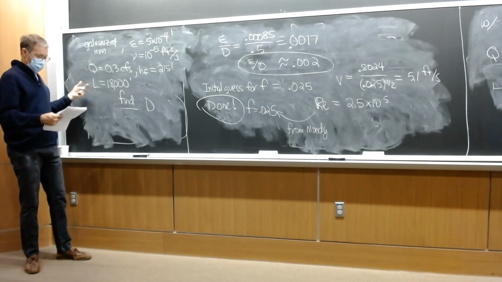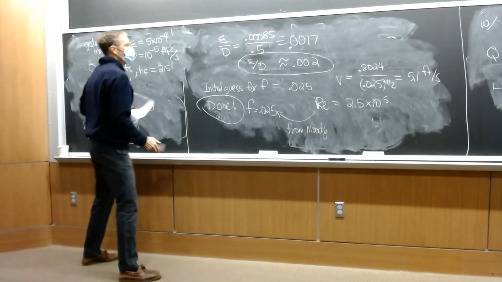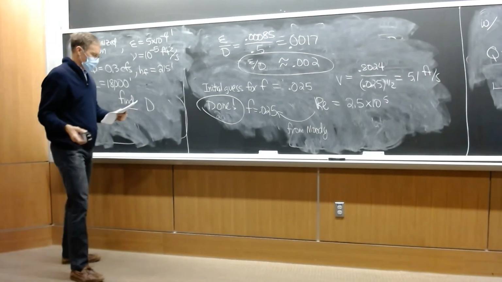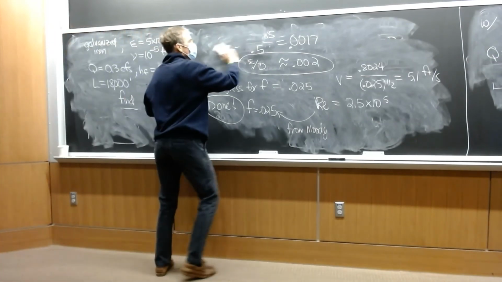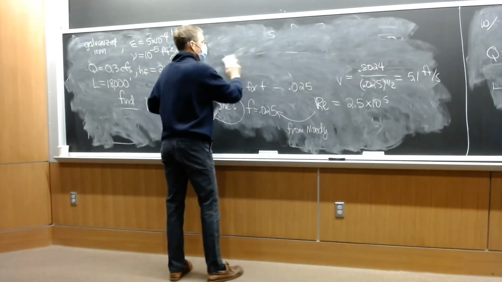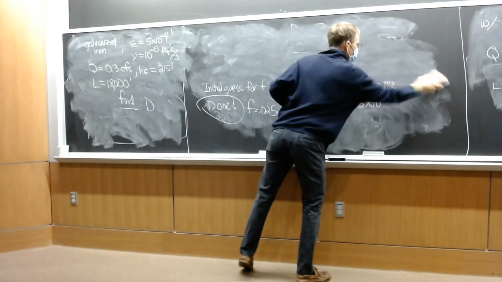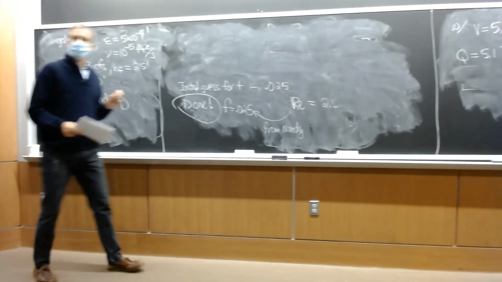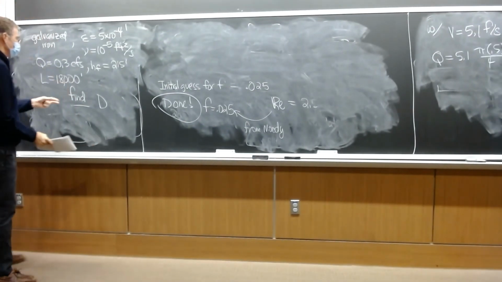All right, so I'm going to do a similar sort of thing where we guess and iterate, but the process is a little more complicated because we don't know the relative roughness, because we don't know the diameter.